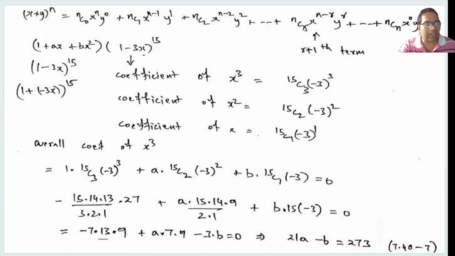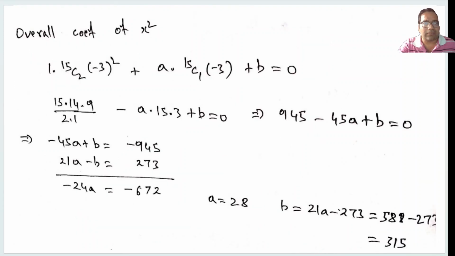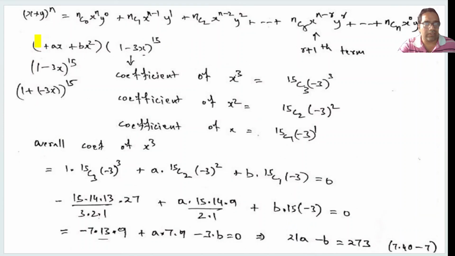Similarly, when the coefficient of x square is 0, we get another relation between a and b. Let us do that also. The coefficient of x square is 1 into the coefficient of x square here, plus a into the coefficient of x here, plus b directly, because it is already x square and we want the coefficient of 1.